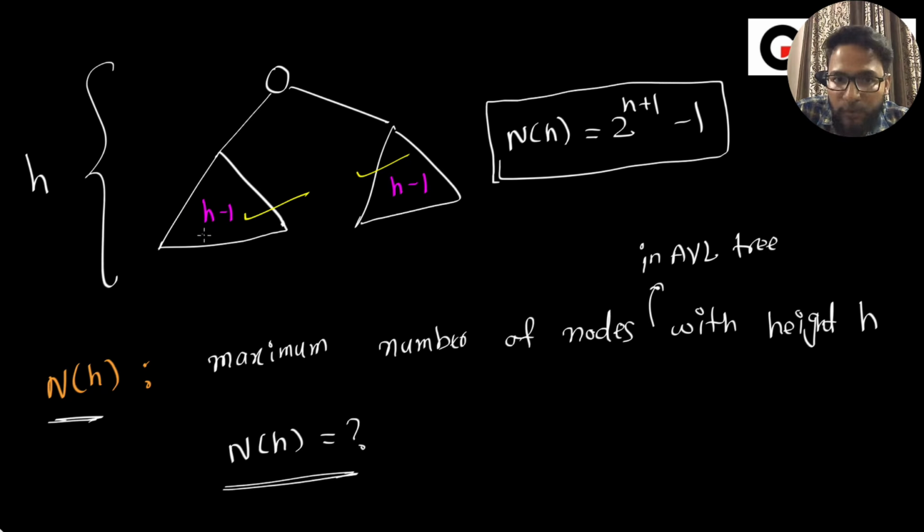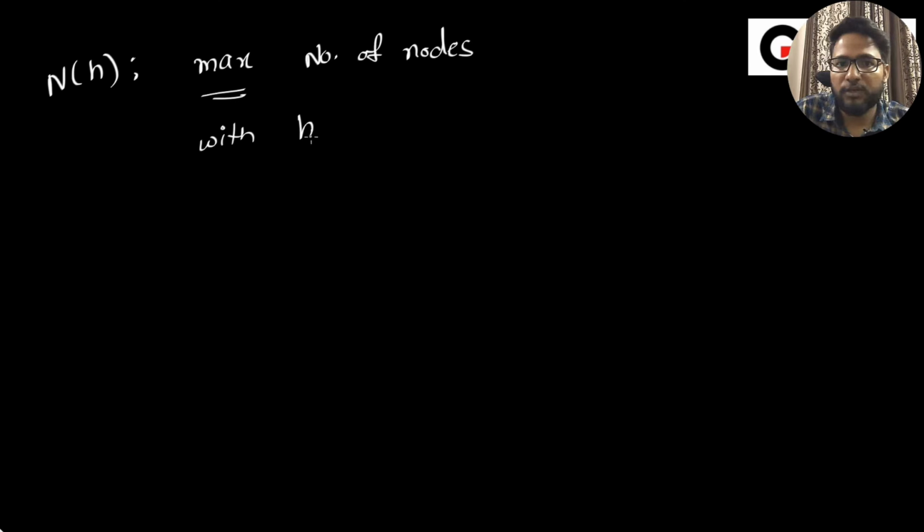So can you tell me the maximum number of nodes here? Since I want the maximum, I can use the same formula. I can say it is N_(h-1). What is N_h? N_h is the maximum number of nodes with height h.